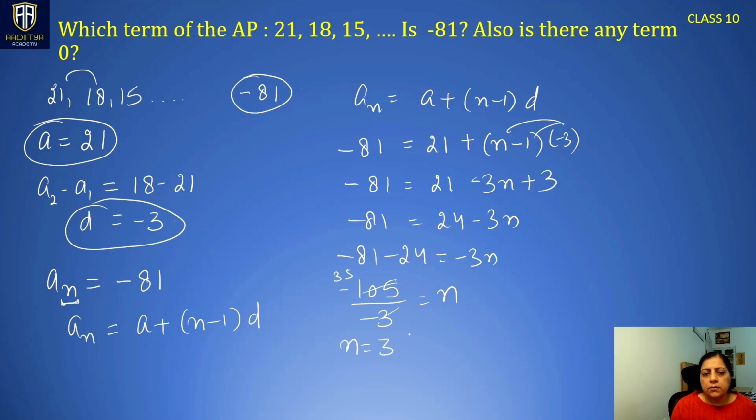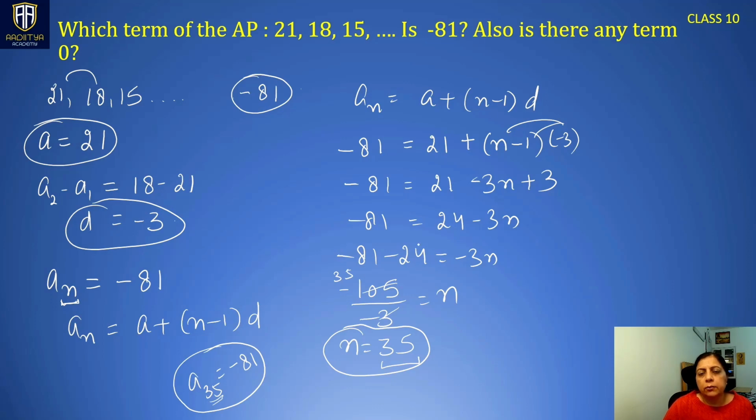That means negative 81 will be there in this sequence at the 35th number. So you can write a35 is minus 81, which means at the 35th number the value of the sequence is minus 81.